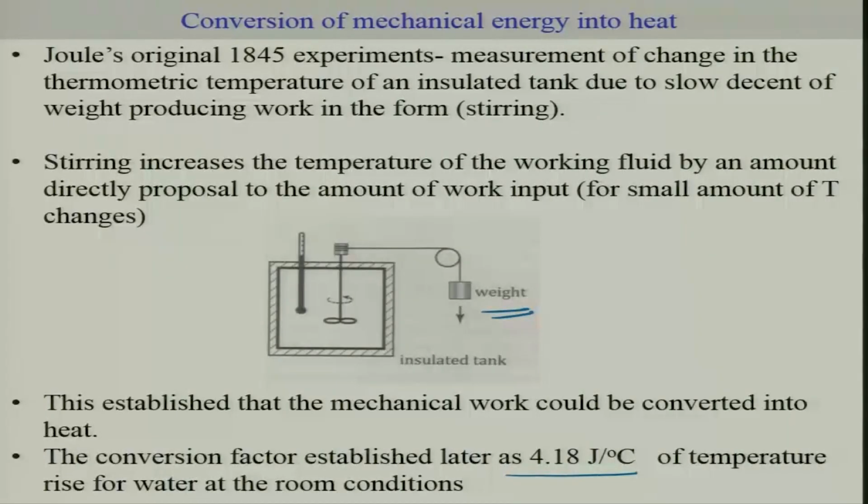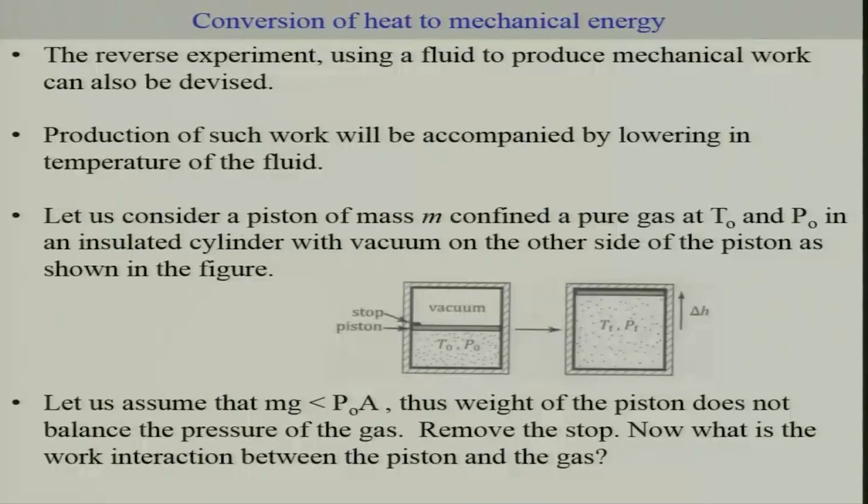So, this illustrates how to convert mechanical work into heat, which was found in the form of temperature rise. The reverse experiment can also be considered, where basically a fluid is used to produce mechanical work. So, instead of an object moving, you are trying to use a fluid to produce mechanical work.